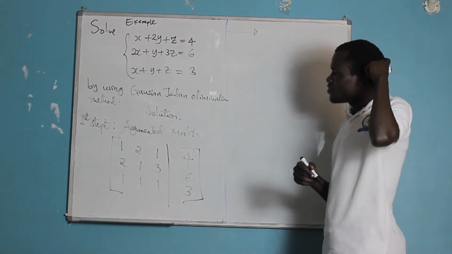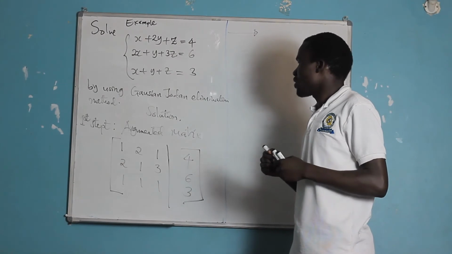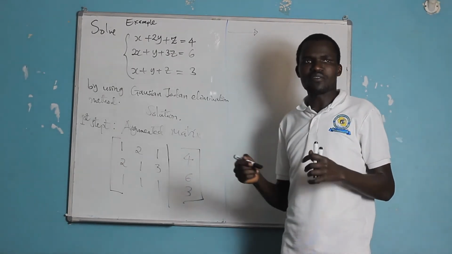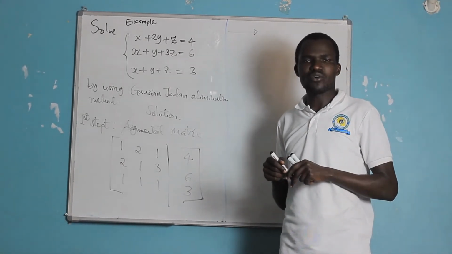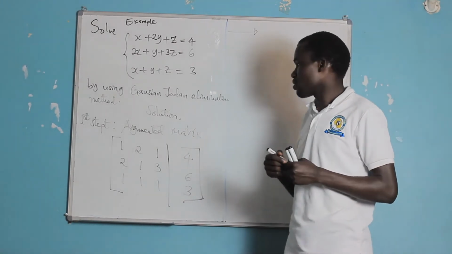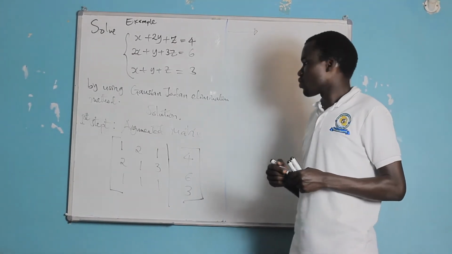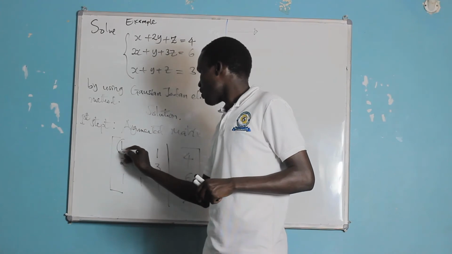So, solving by using Gauss-Jordan elimination is solving this system by introducing the reduced row echelon form. So, let's start to reduce this one.